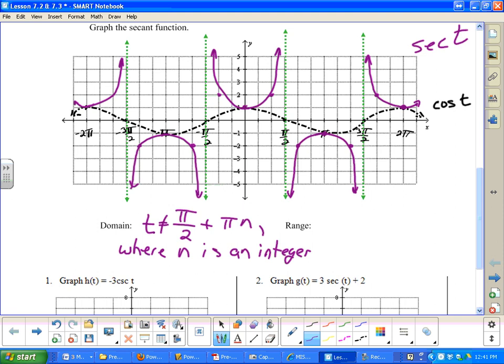Okay, the range then. What's the range here then? Okay, greater than or equal to positive 1, less than or equal to negative 1.